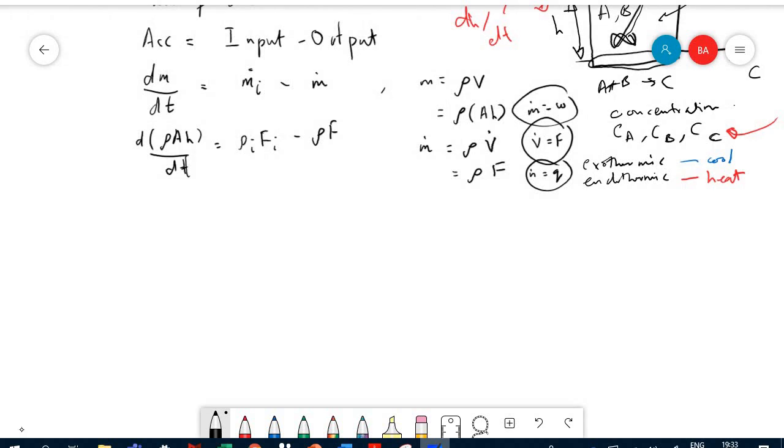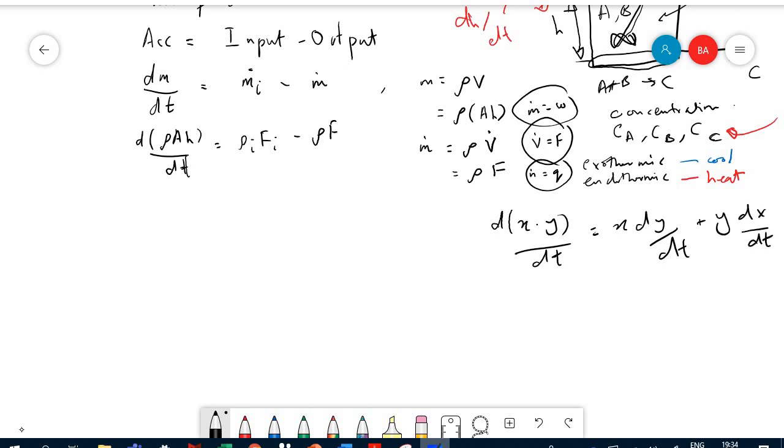To continue, here we have the multiplication of three different variables. And if you can recall, if we have a differential equation of x and y, d of xy by dt, this is equal to x into dy by dt plus y into dx by dt.